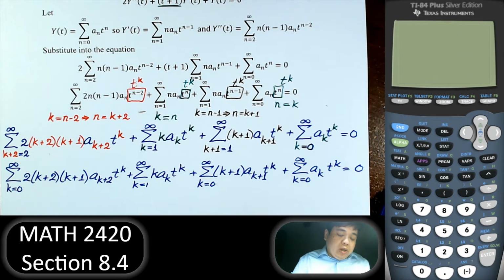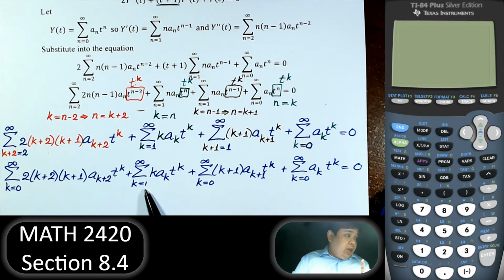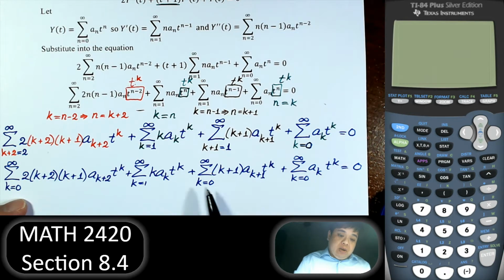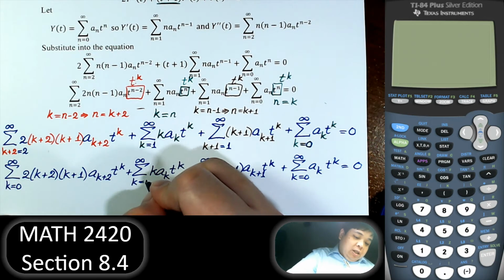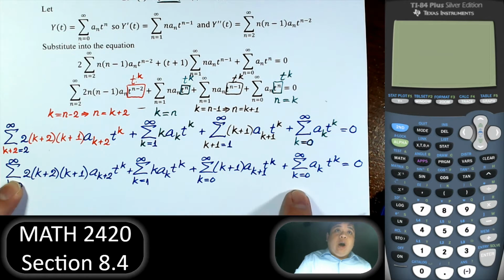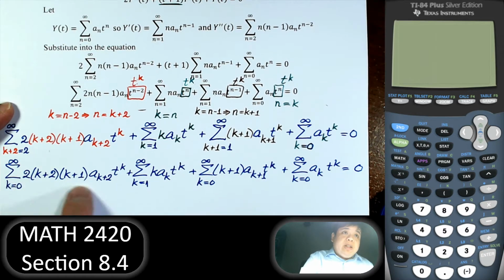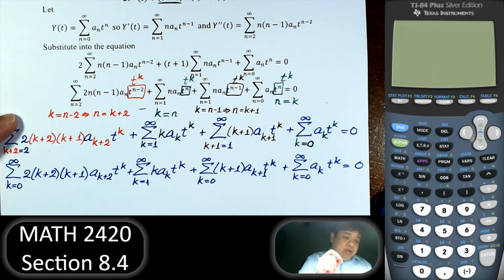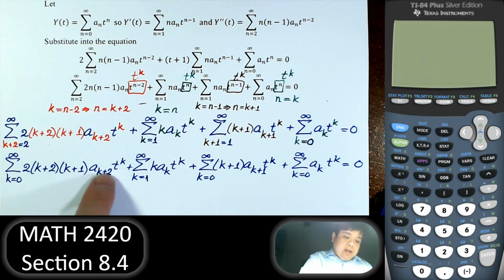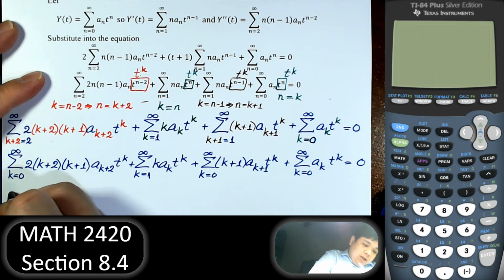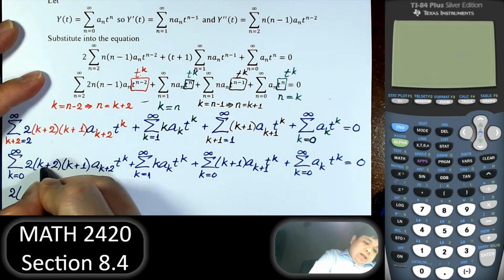What is not good is that this series starts at 1, the other series start at 0. So we have to split. All of them have to start at 1, so we can combine them into one series. For this first series, we have to split out k equal to 0, so let's put 0 in here.